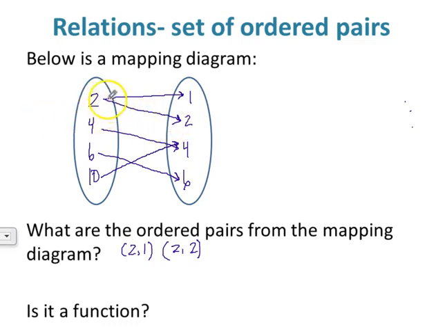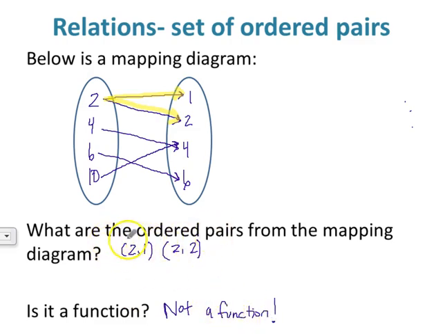Right away, we know that this violates the function rule, that each input can only have one output. This input has 2 different outputs; it's linked with 1 and 2. Because of that, this is not a function.